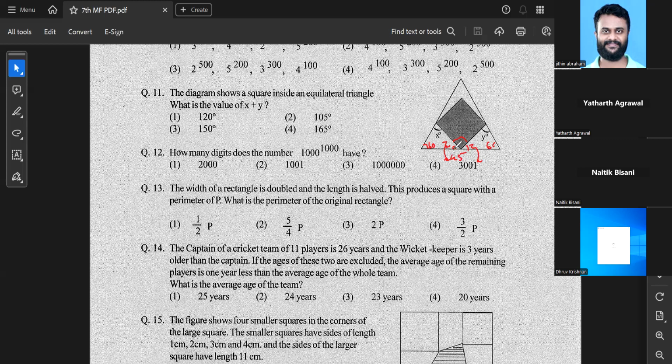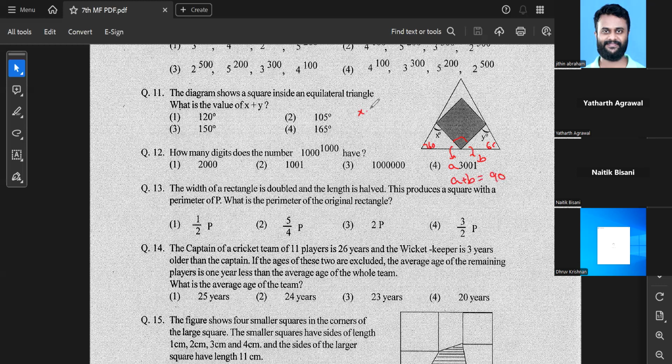Sir, in the last when you solved, you took a as 120 minus x. Yes, I won't remember my exact explanation, so I may use a different method also, so please ignore. So call this side a and call this side b. You can sense that a plus b is equal to 180 minus 90, which is nothing but 90.